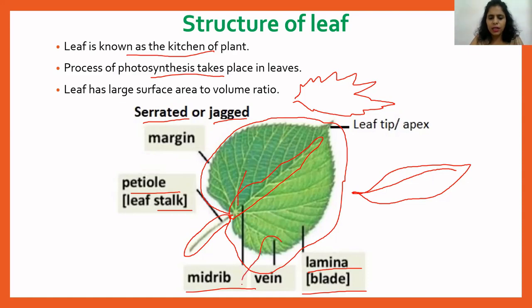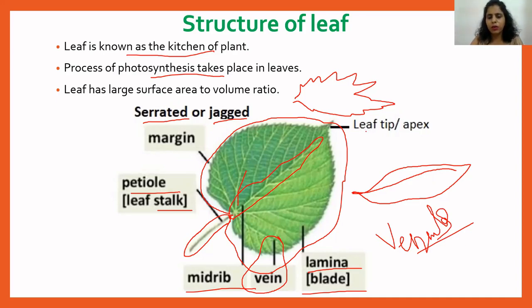These lines are known as veins. Further, these veins also divide into many thin lines, and these other thin lines are known as venules. So these are the basic parts of all leaves.